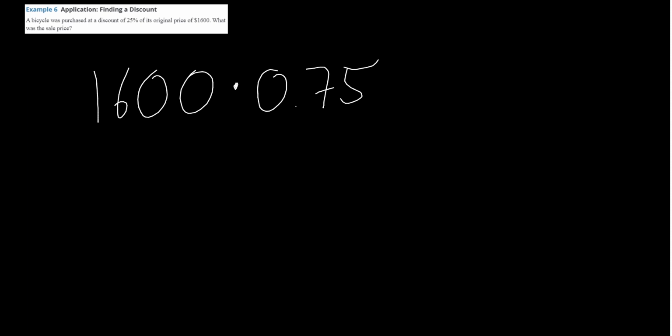And 75% in decimal form is 0.75, and that's it. That's 1,600 times 0.75, and 1,600 times 0.75 is equal to 1,200.